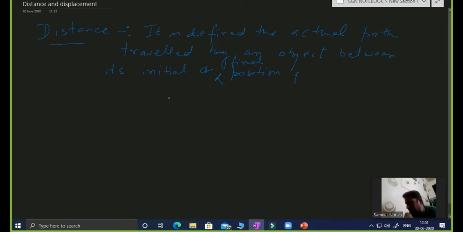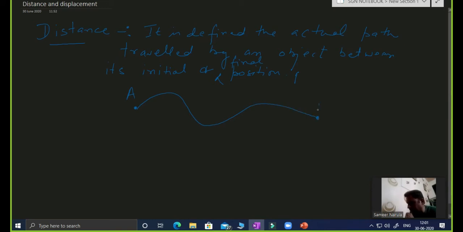Right now I take an example by a diagram, to try to understand what the definition is all about. For example, this is your bus stop from where you board on. I call it position A. Now your bus is taking this kind of route, and you board down here.